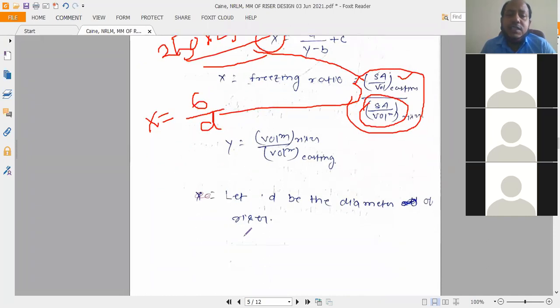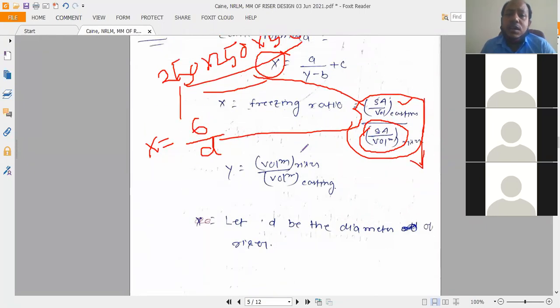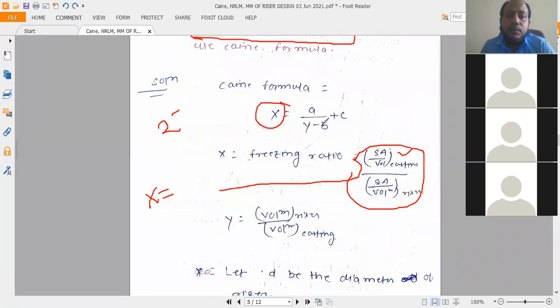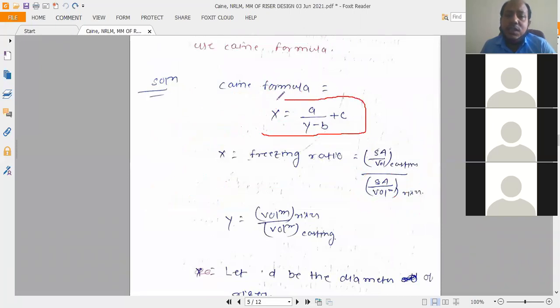So it is very easy to determine the ratio of these two and put it all in the equation. Only the diameter will be the unknown quantity, and everything else in this equation will be known, so we can easily find the dimension of the riser.